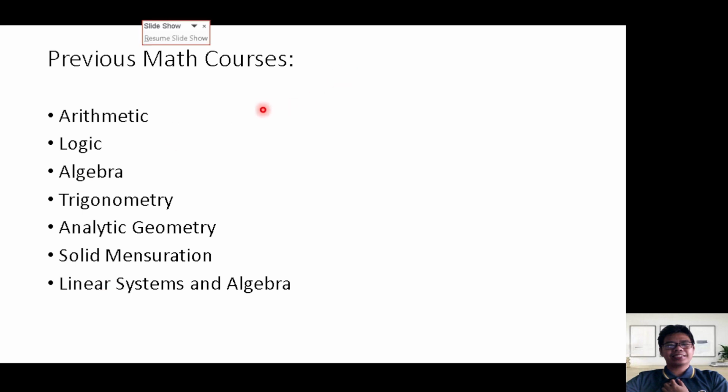Before we go further, let's pause and acknowledge the math courses that have brought us here, which are arithmetic, logic, algebra, trigonometry, analytic geometry, solid mensuration, and linear systems and algebra. These courses form the foundation and are more connected to our robotics journey.